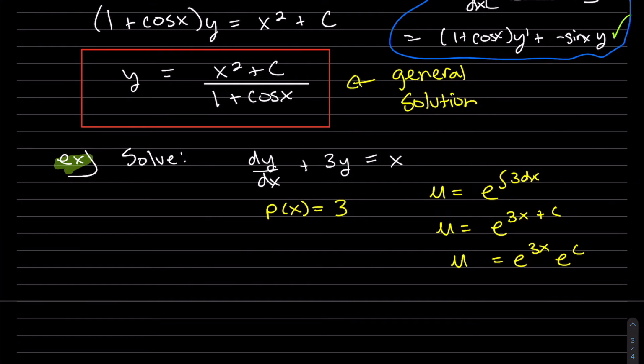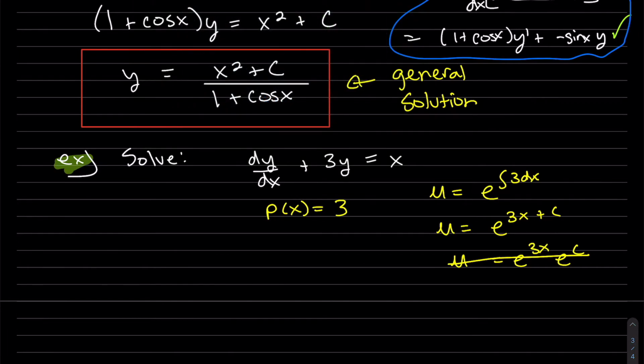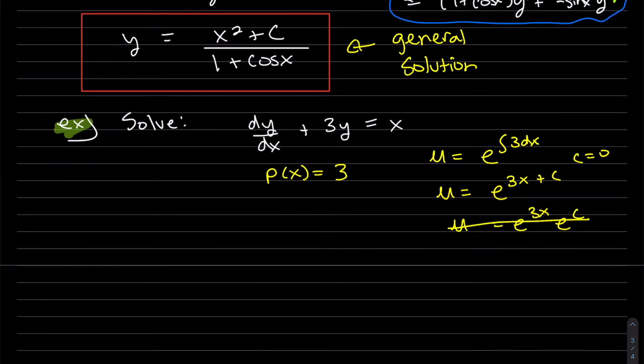But when we multiplied it through by here, this is a constant, and we'd be able to divide it through. Okay, so really, we don't need to write this because it does work for plus c. It works for a family of solutions. So we're just choosing c equaling to 0. Okay? So mu is e to the 3x.